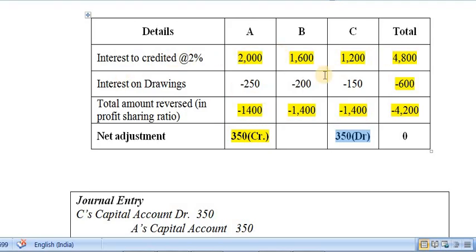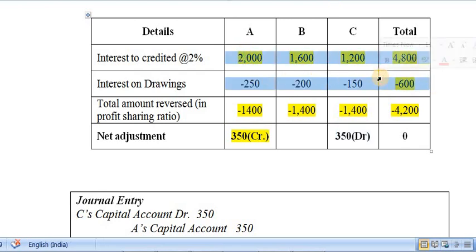Interest to be credited, interest on drawings debited, and the total of this first line and second line to be reversed. So this is the total 4,200 credit, so reverse it, 4,200 debit in the profit sharing ratio.